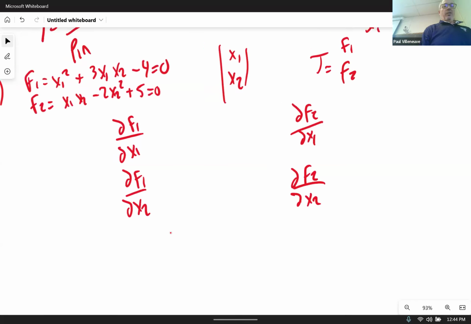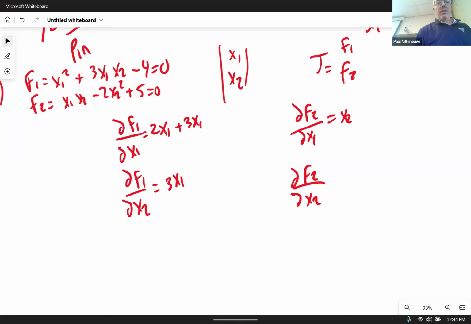So let's do the partial of F1 with respect to x1: 2x1 plus 3x2. Let's do F1 with respect to x2: 3x1. That's it. Now I'm going to do the partial of F2 with respect to x1: x2.